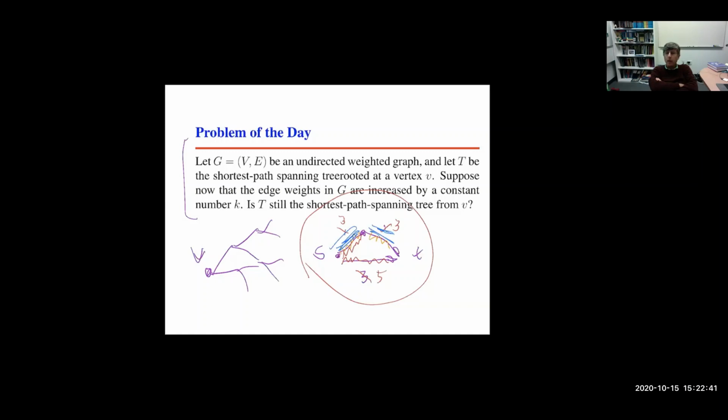Suppose I take all the edges in a graph and multiply them by the same weight. Will that change what is the best way to get between me and somebody else? Any ideas? I hear, I don't think so. Can we formalize why that is?